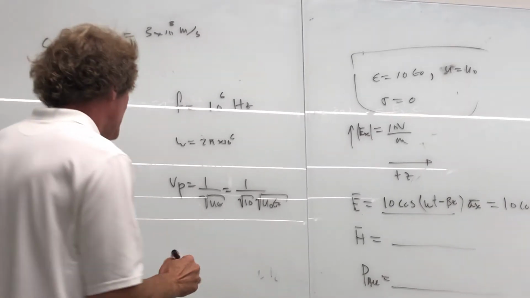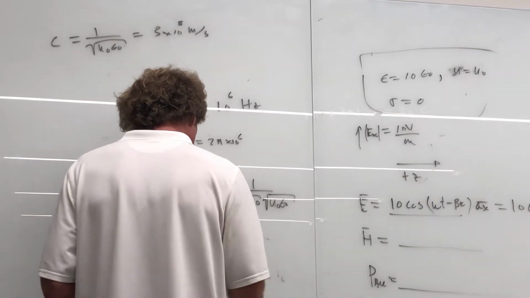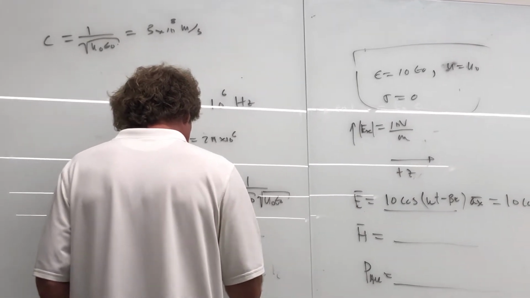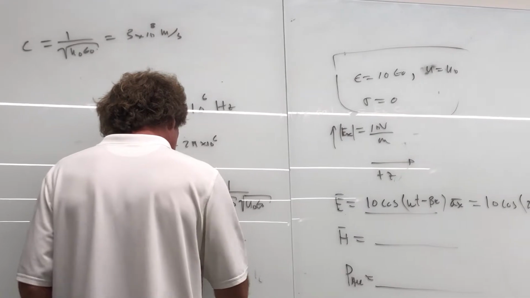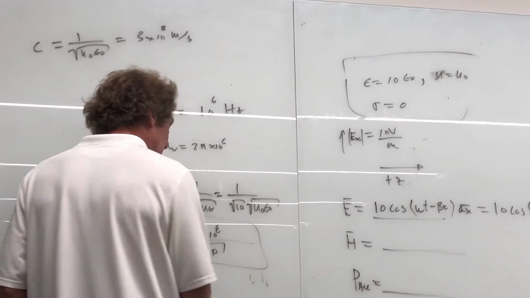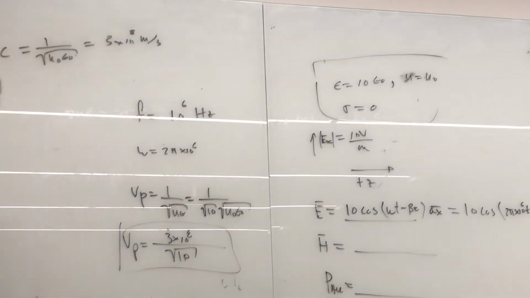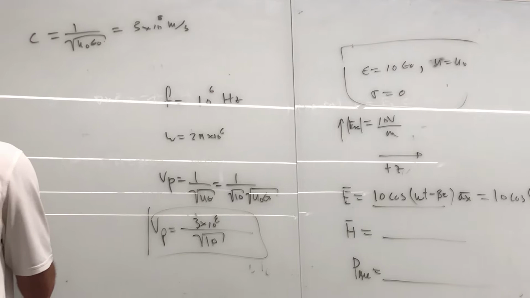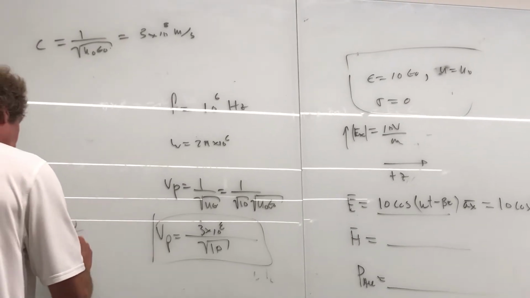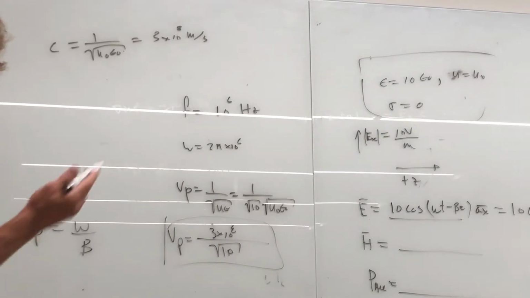So I can say that v phase here is equal to c, 3 times 10 to the 8th, divided by the square root of 10. That's the phase velocity, right? So how do I get beta? Well, this is just one way. V phase was equal to omega over beta, isn't it? We did that, right?